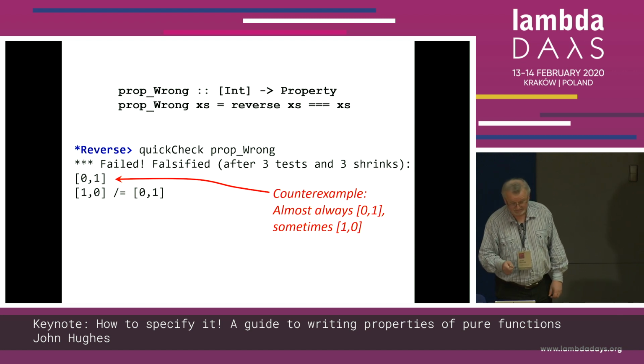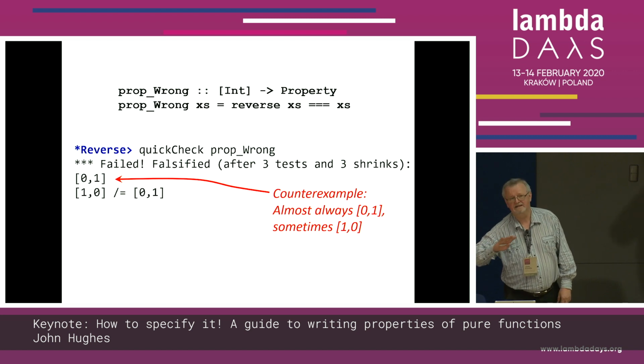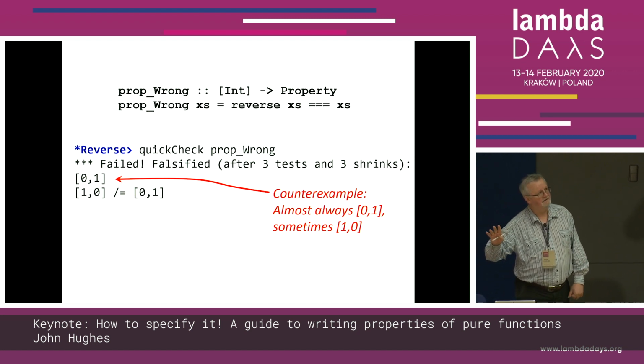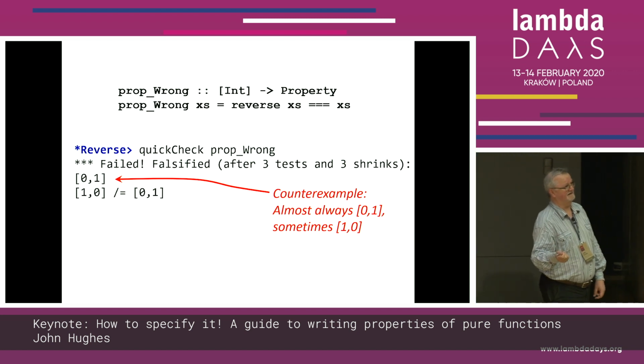The interesting thing here is that QuickCheck almost always will choose 0, 1 as the counterexample. Occasionally 1, 0, never anything else. Now, I told you that QuickCheck is generating random test cases. What's the chance of hitting 0, 1 as a random list? It's very, very small.